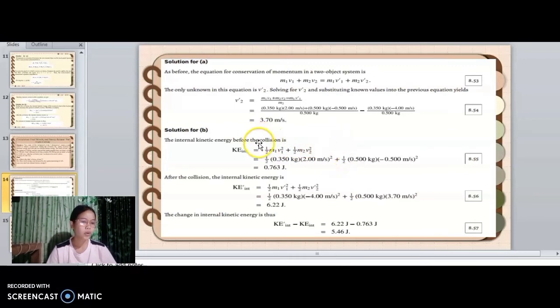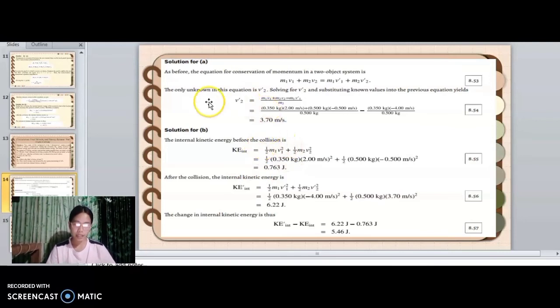Again, we substitute the given values: 1/2 times 0.50 kilogram, our mass 1, times 2 meters per second, our velocity 1, squared, plus 1/2 times 0.500 kilogram, our mass 2, times negative 0.500, our velocity 2, squared. After calculating that, we get 0.763 joule.